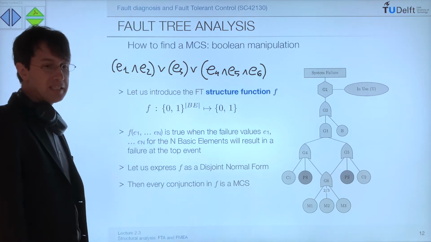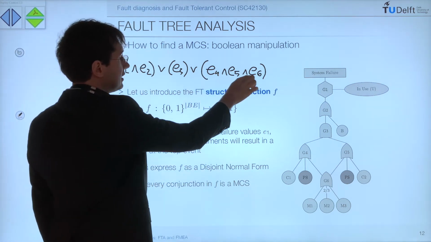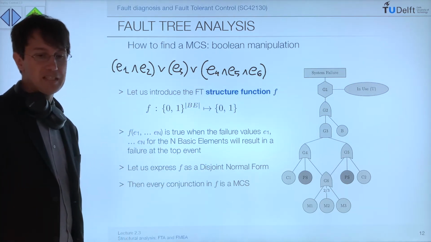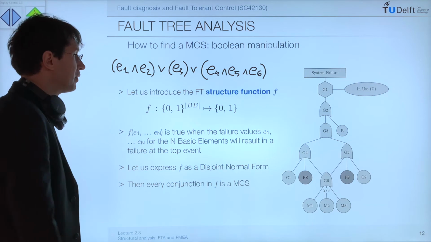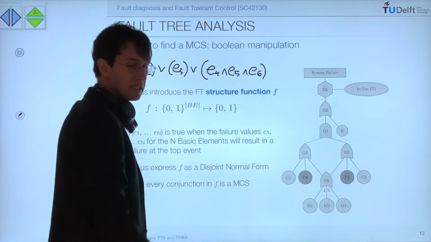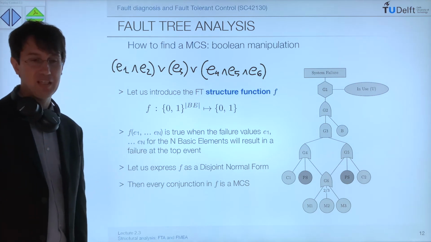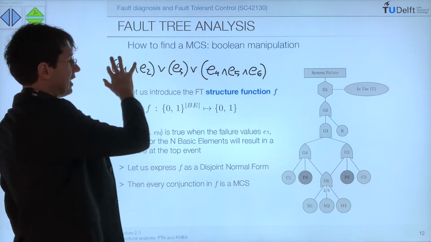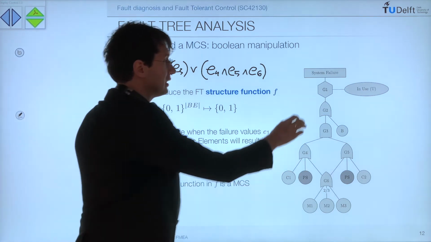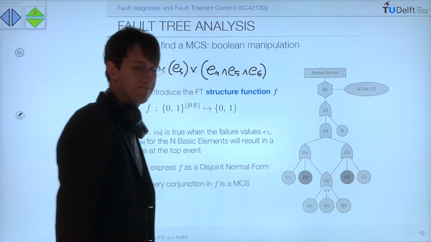So you immediately see that this identifies a minimum cut set. Because for this to be true, I need components 4, 5, and 6 all together to be faulty. If this happens, the entire function evaluates to true, which means that we have system failure.